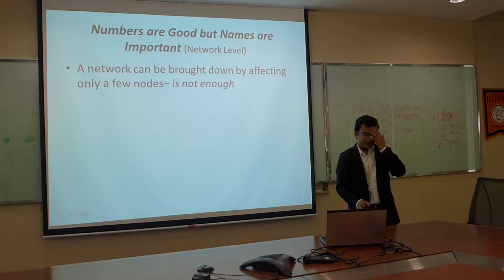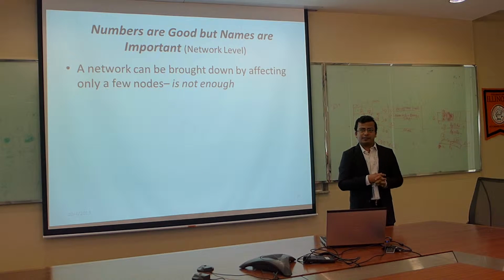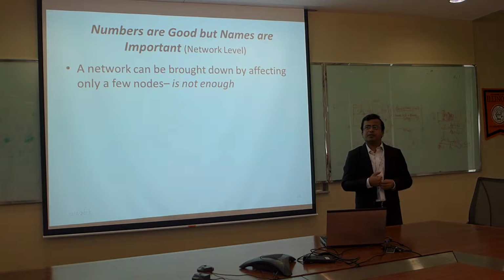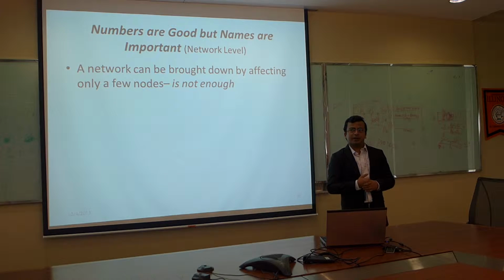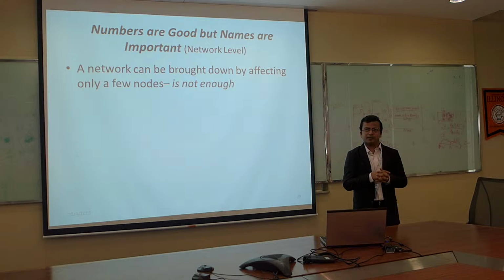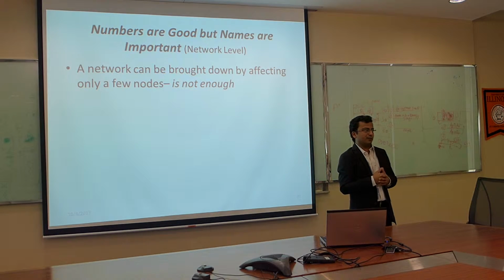Now I'll talk about some of the work that people have been doing in this space, which I find interesting, but I have my comments on it. I have read work where people have looked at the mesh network of an aggregator with smart meters, and it has been said that you can bring down the entire mesh network by just affecting a few nodes.